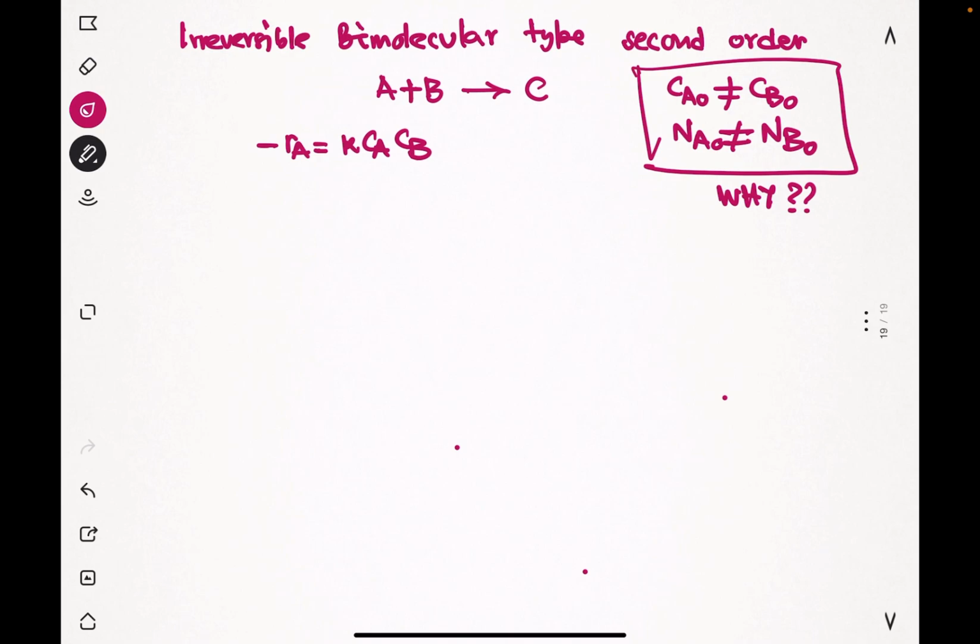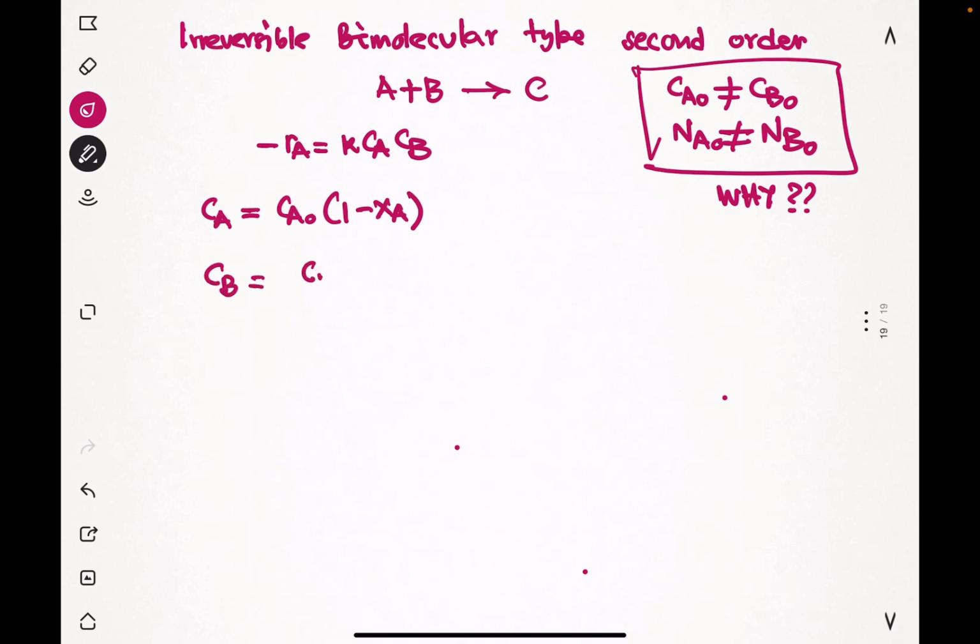Now, what about CA? In this case, we are not going to use the concentration as the independent variable, rather we'll be using the conversion. So that makes our life a lot easier. This equation we already know for constant volume systems. What about CB?